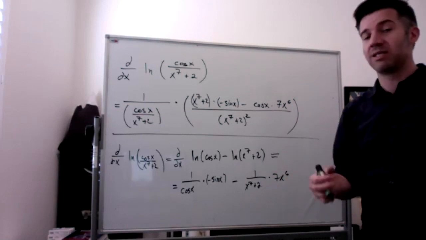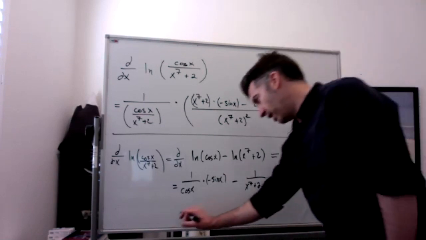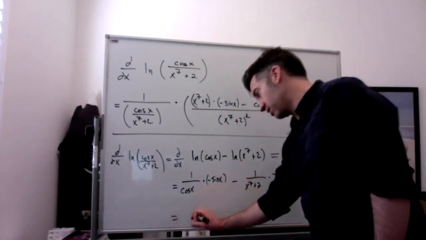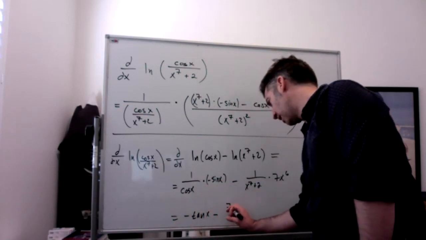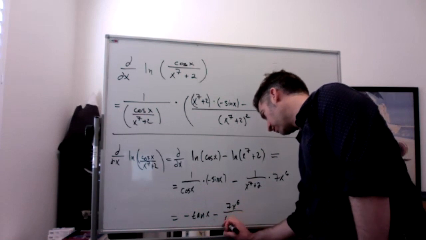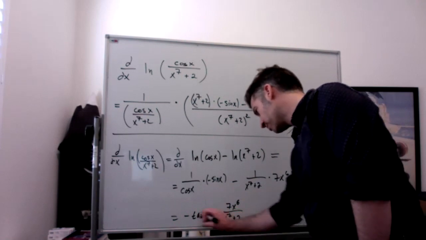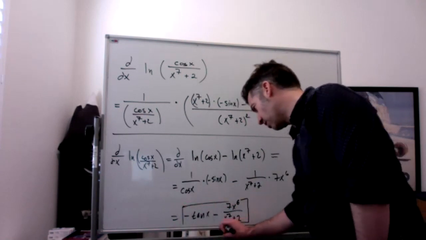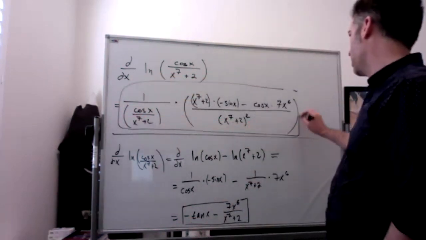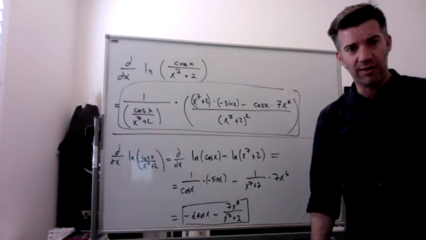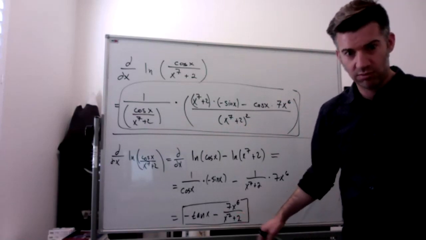If you wanted to make this a tiny bit simpler, you can write it as negative sine over cosine, which is negative tangent of x, minus 7x to the 6th over x to the 7th plus 2. Isn't that better? I think so. It's certainly better than this hot trash mess over here.